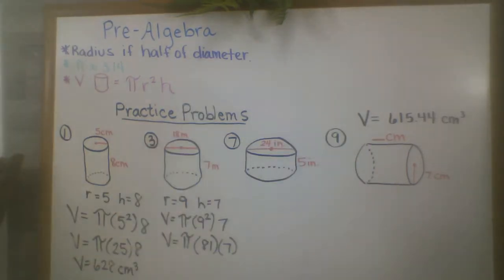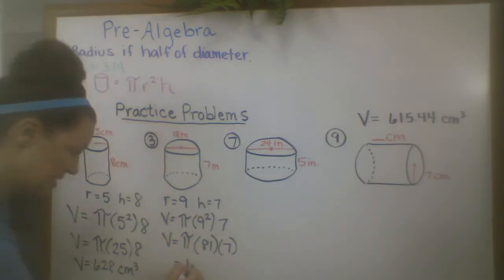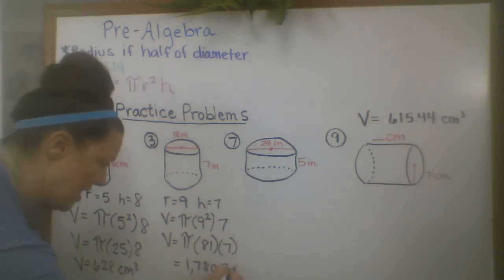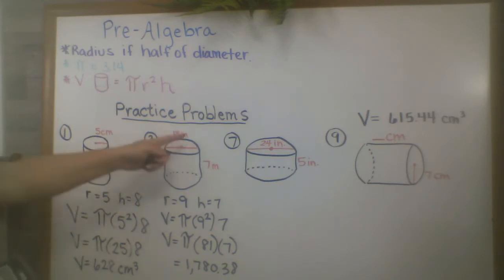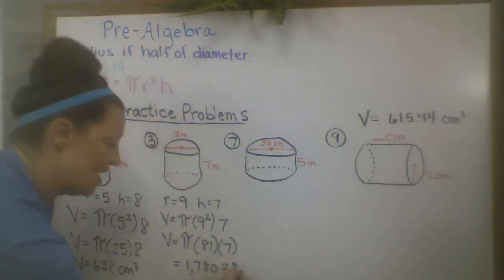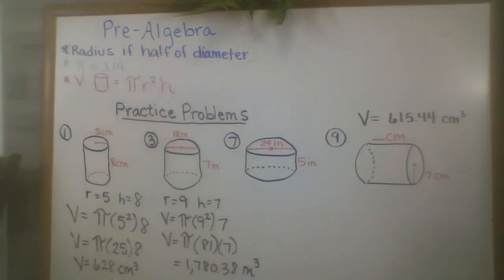So that would be 1,780.38 or 38 hundredths. And what should we label this? So we started off with meters. We squared this, so that was meters squared, times another meter, we have cubic meters. And that should be our final answer.